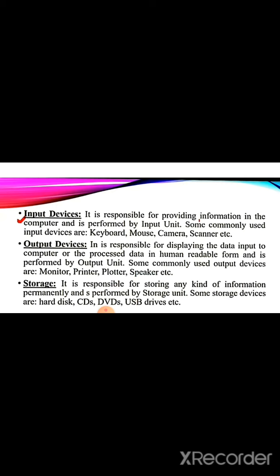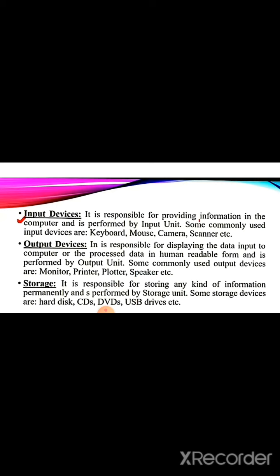Now, in general, the computer works on the IPO cycle.